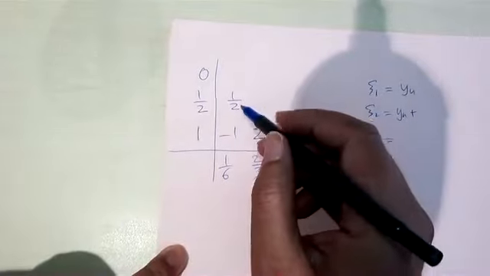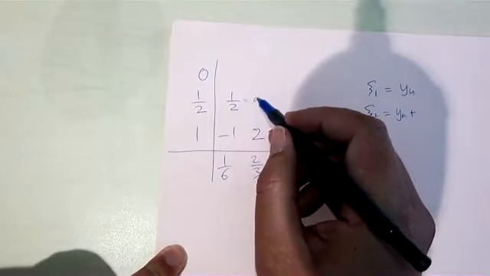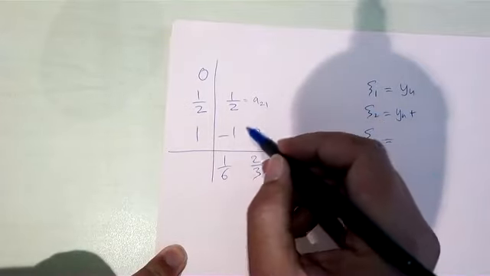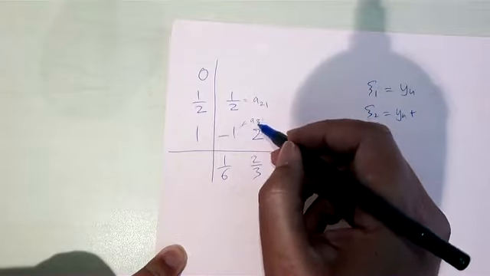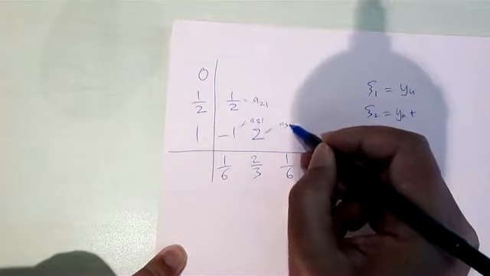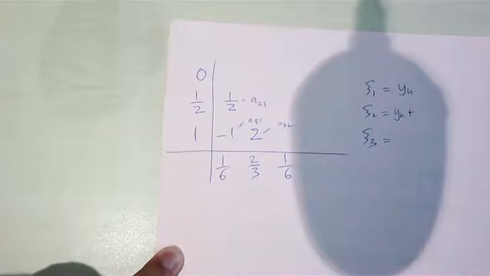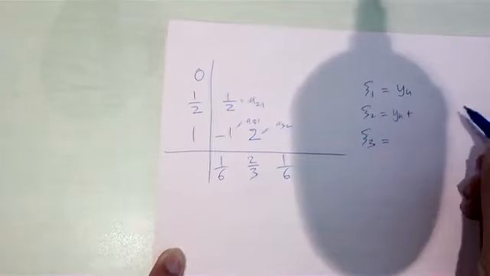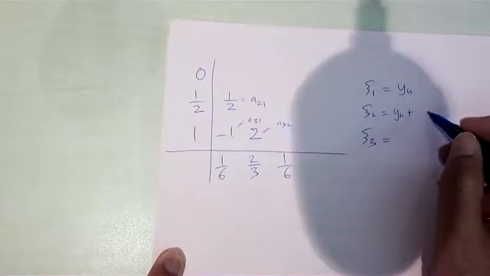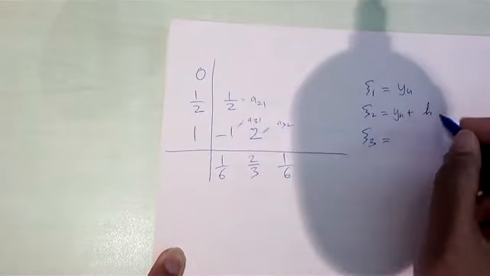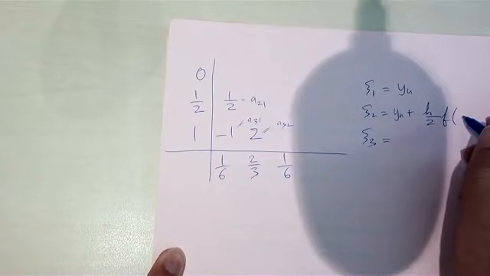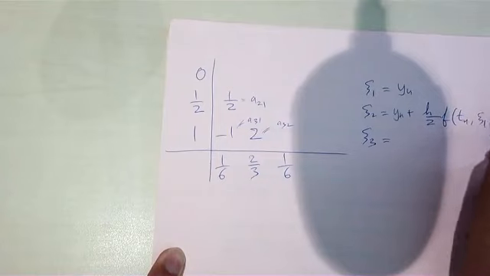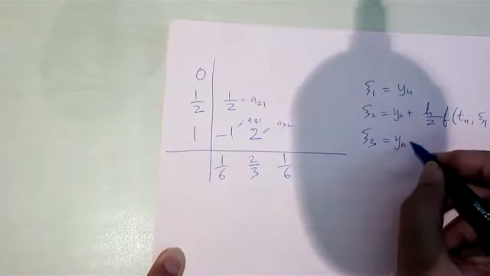So this one will be your A21, yeah, and this one is your A31, and this one is your A32, yeah. So now psi 2 will be Yn plus H A21, so H over 2 then F of Tn psi 1, yeah.